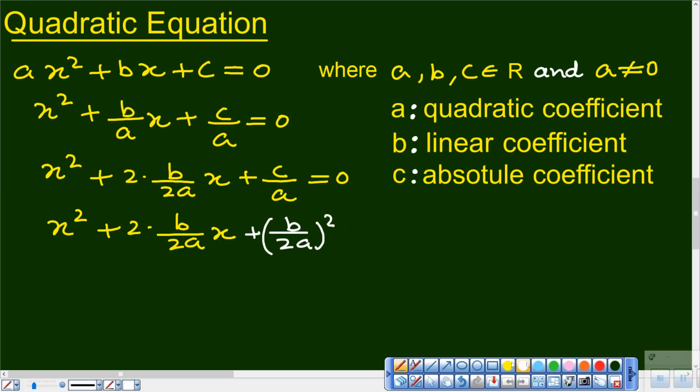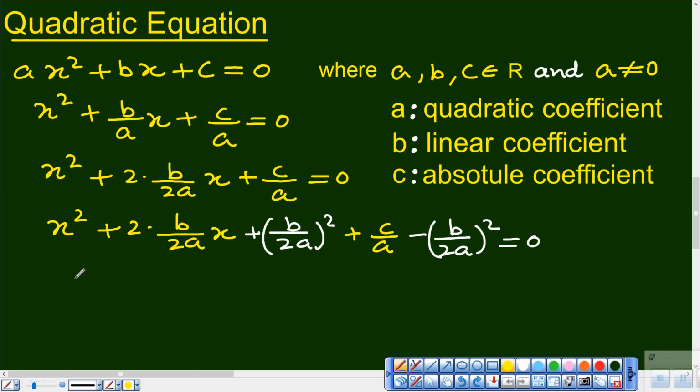And of course I copy what was earlier here, c upon a, and since I have added this, I need to subtract this also. That is, minus b upon 2a whole square is equal to 0, which is the same as the original equation, and I could divide by a because a was not equal to 0.